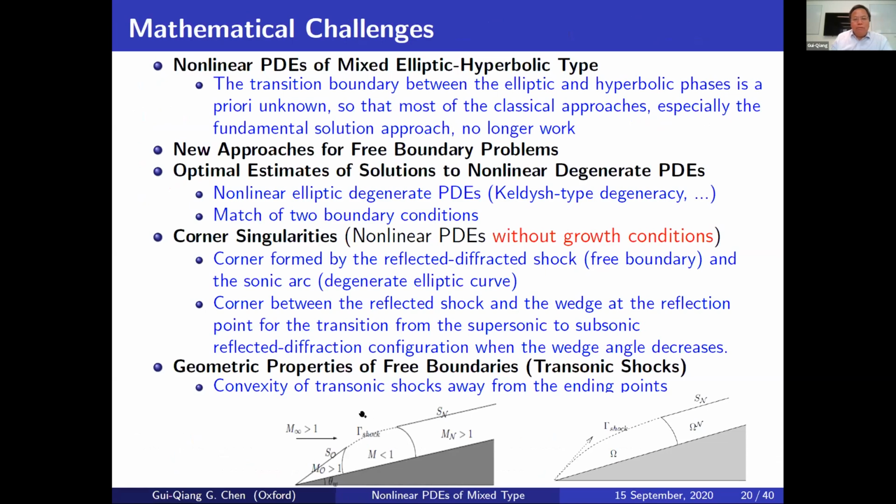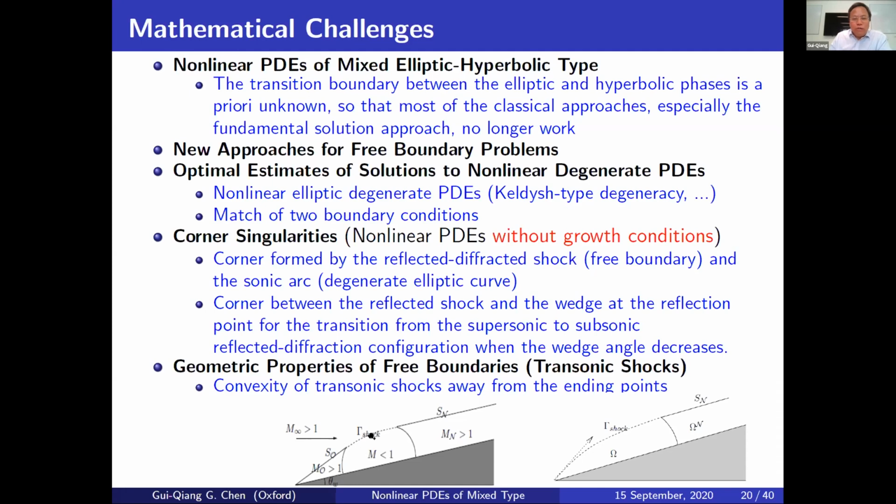And this problem cannot be formulated in evolution form. So we have to find a new approach to handle such a free boundary problem. Another thing, of course, I mentioned the two conditions, the non-match condition and the Dirichlet condition to match. So we need the optimal estimate for the degenerate elliptic PDE here. This is very important.